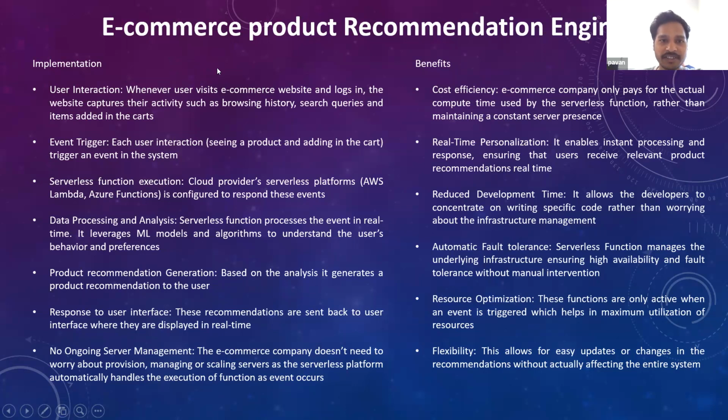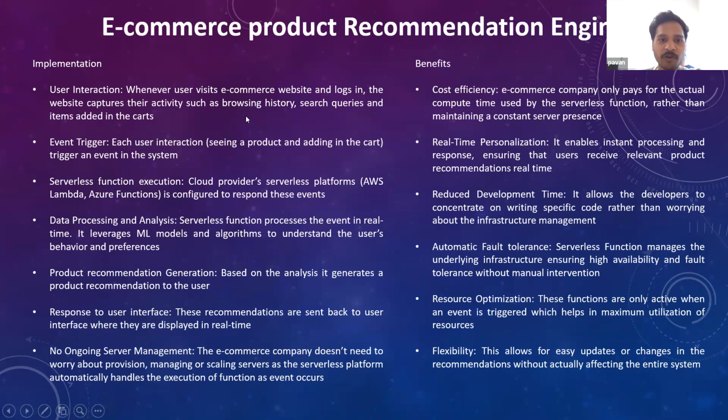Whenever a user visits the e-commerce website and logs in, the website captures their activities such as browsing history, search queries, and items added in the cart. And then the next phase is the event trigger. Each user interaction, like viewing a product or adding to the cart, triggers an event in the system.